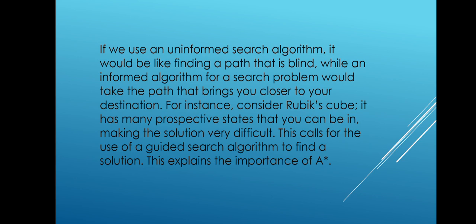It has many prospective states that you can be in, making the solution very difficult. This calls for the use of a guided search algorithm to find the solution. This explains the importance of A-star.